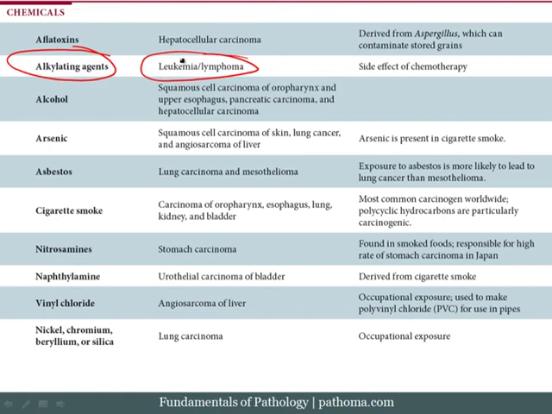Now, I don't think this is going to be too hard for you to remember, because if you go back to pharmacology, you're well aware of the fact that when we treat patients who have cancer with an alkylating agent, one of the complications of those chemotherapeutic agents is that there's an increased risk for the development of leukemia and lymphoma years down the line, so that they can get secondary leukemias and lymphomas, 5 or 10 years down the line. So it is a long-term side effect of chemotherapy. So that's sort of a pharmacology tie-in.